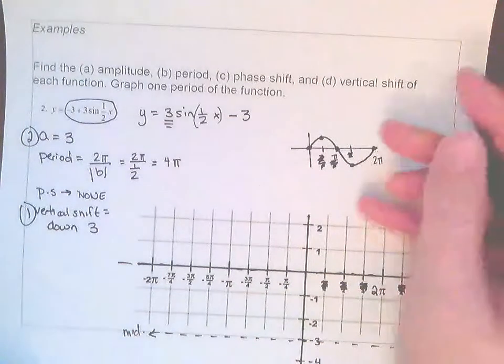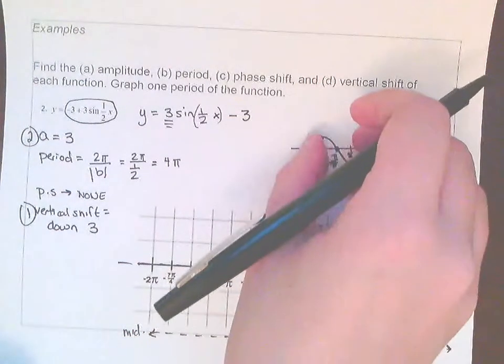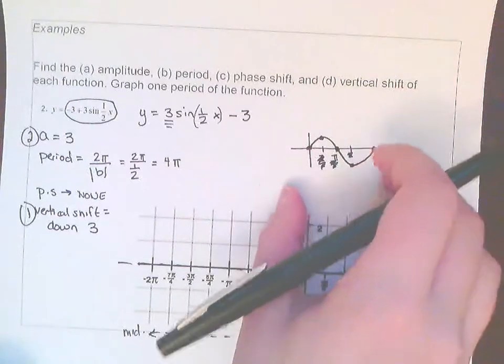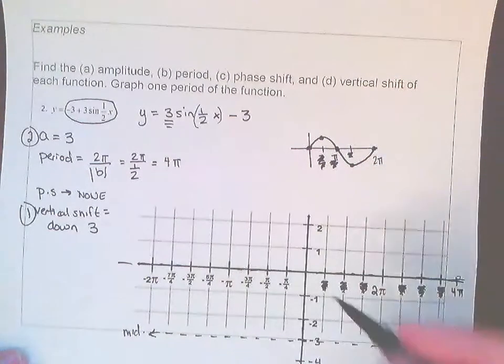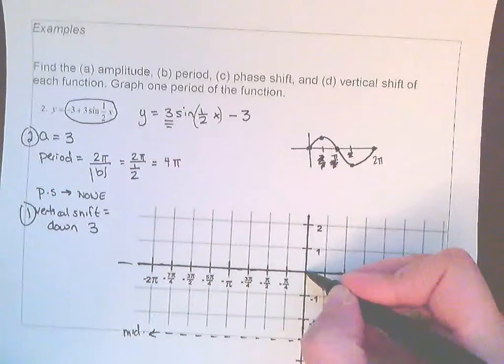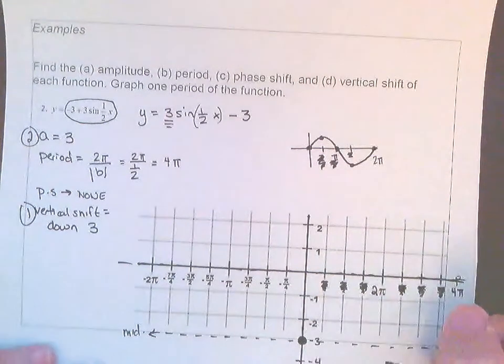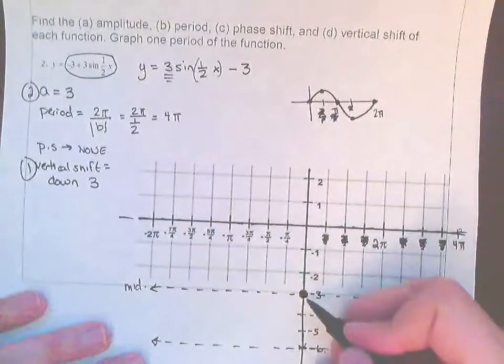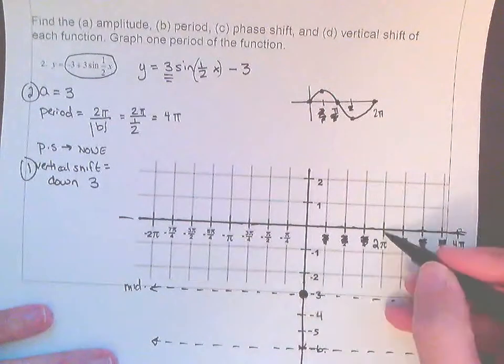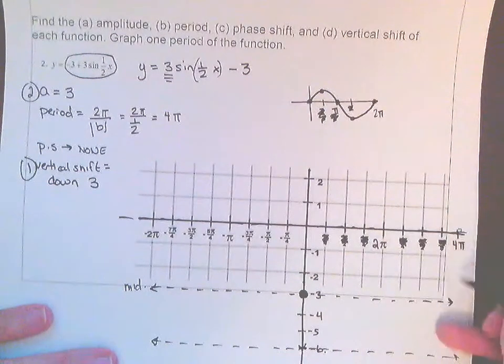So now the only difference is that this is just going to move down 3, and it's going to stretch out. So instead of starting at 0, we're going to start at -3. And instead of ending at 2 pi, I'm also going to have my 0 at 4 pi.